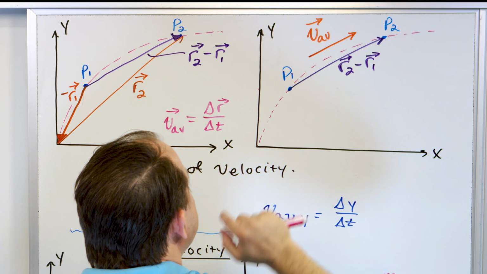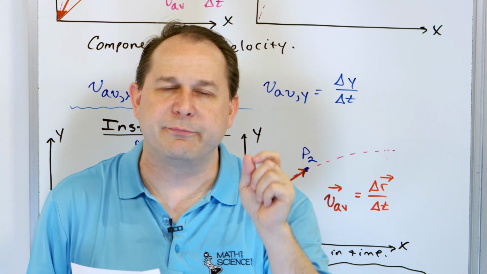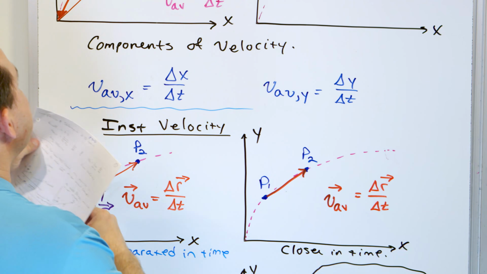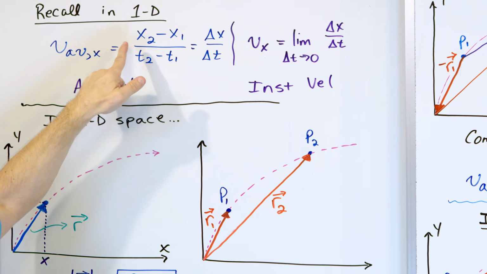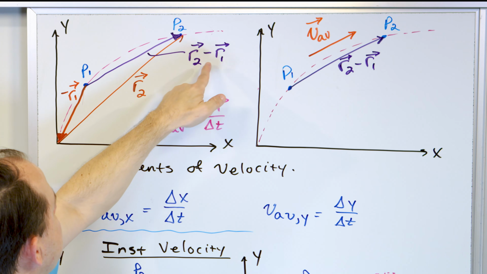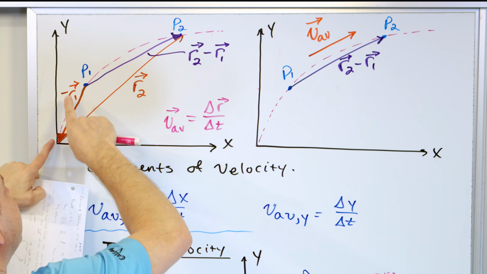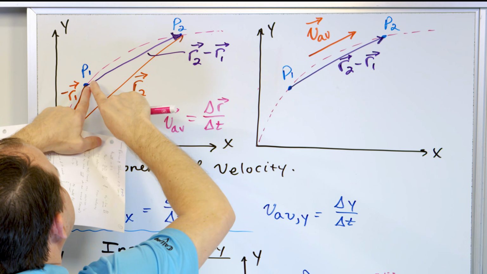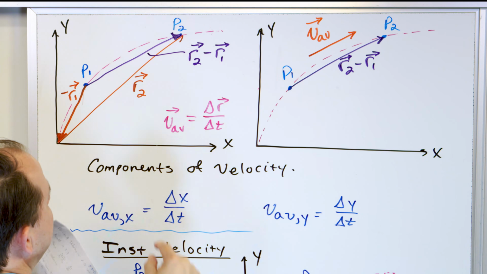Why does it do that? Because I can draw that for you in a book. Most books just show you that it happens, but you don't know why it happens. And now you know that you're doing the same thing you're doing in one dimension. Final position minus initial position. It's just that in order to do the minusing, you have to flip the direction of this vector and then connect it. And so then the arrow goes from initial to final state.